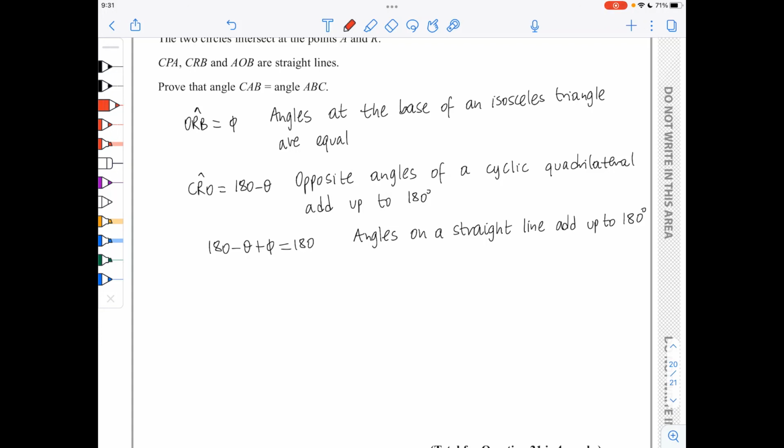So the 180 with the 180, they cancel out, and I see that phi is theta. In other words, CAB and ABC are equal as required.